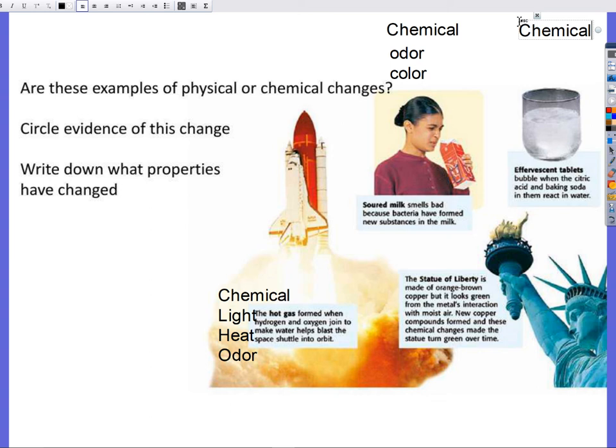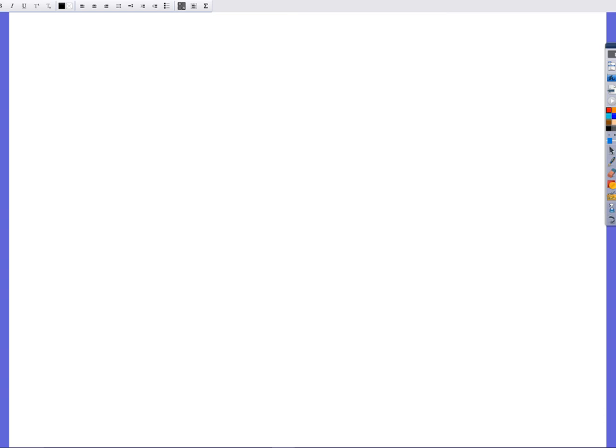So it's a chemical change. And we also know it's a chemical change because there was fizzing, which means those bubbles. In the Statue of Liberty, you cannot reverse the Statue of Liberty. You can't turn it back to the color it was. Those chemicals have changed. So you know it's a chemical change because you saw a change in color. And that's the end of the properties of matter unit.